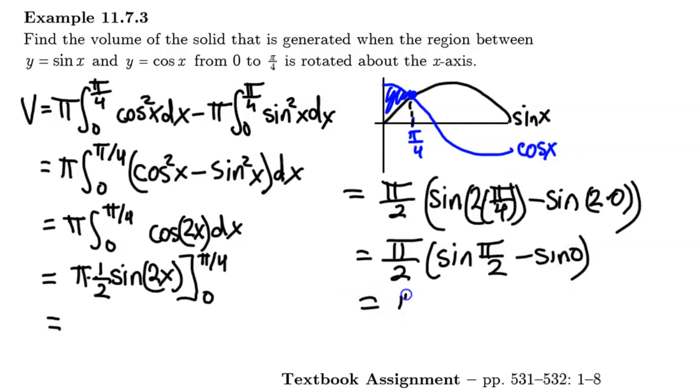And that gives me pi over 2 times, well, 1 minus 0, which is just pi over 2 cubic units.